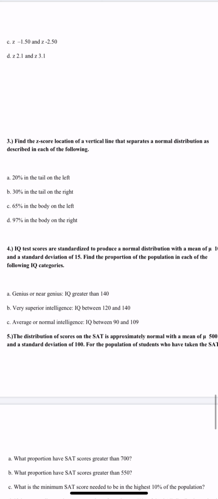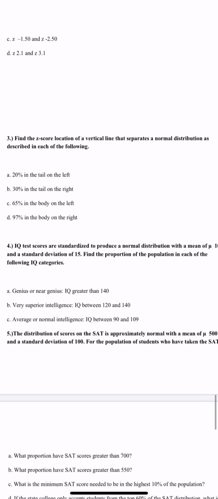All right, so if 65% of the body is on the left, then you know it must fall on the positive side. So you know it's going to be a positive z-score. And now you just look for what number is closest to 0.6500 in the body column, and that is a z-score of 0.39, and keep it positive. So positive 0.39.